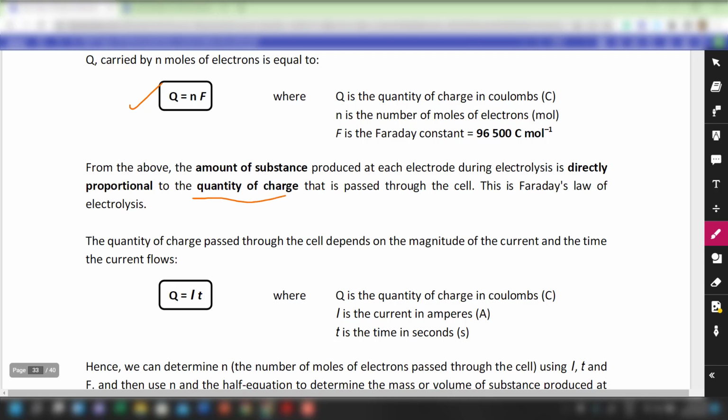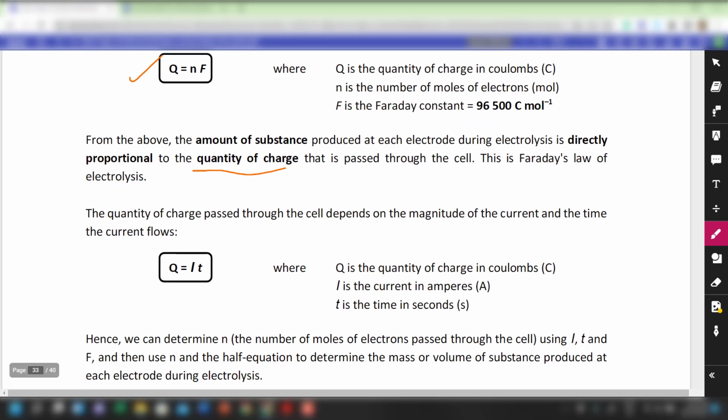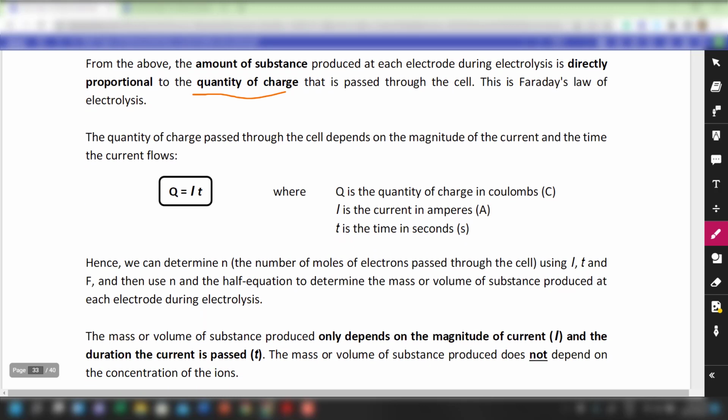So that will mean that we will need to equate it to the factors which will affect the quantity of charge. Based on physics, or based on principles already derived earlier on, the quantity of charge is equal to the current multiplied by the time. The time should be in seconds, so the units are very important. The current is in amperes and the time is in seconds.